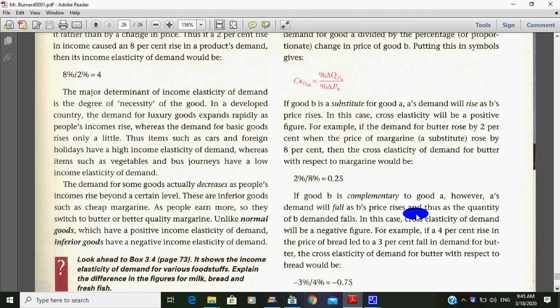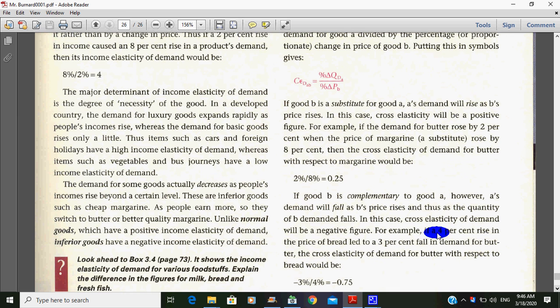So if B is complementary to good A, A's demand will fall as what? B's price rises, because they are complementary, and the quantity of B demanded falls. Good? As well, in this case, cross elasticity of demand will be a negative figure.